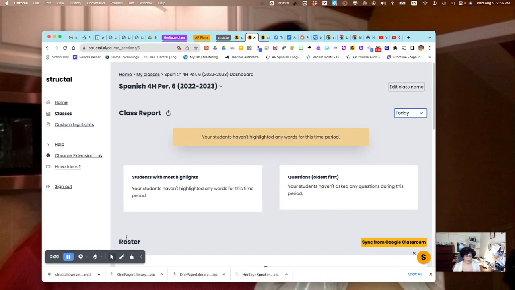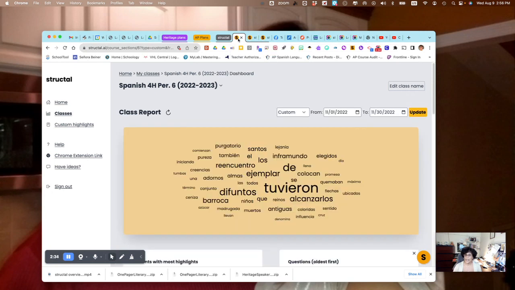Okay. Below it, you're going to see over here is a roster. And for security reasons, I'm not going to show that to you. But once I go and I choose a custom date, then it brings me to that custom word cloud. This is amazing. Okay, so if you look at this, and I'm a Spanish teacher, as I said.